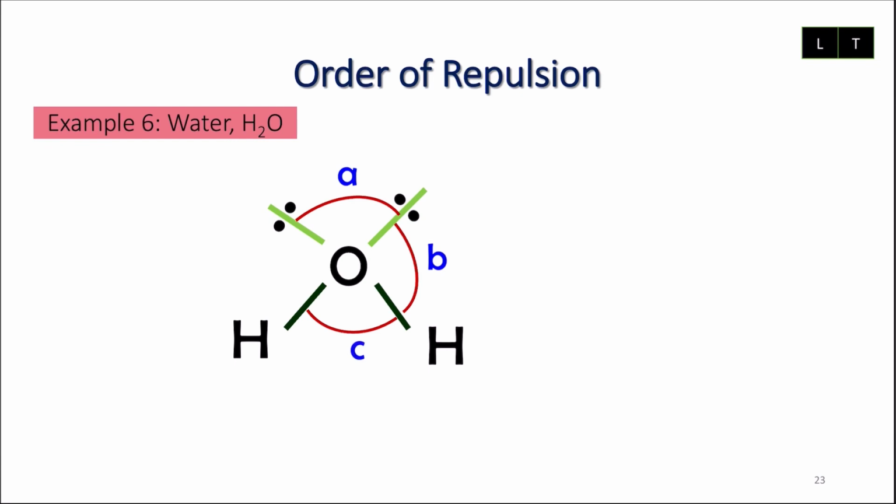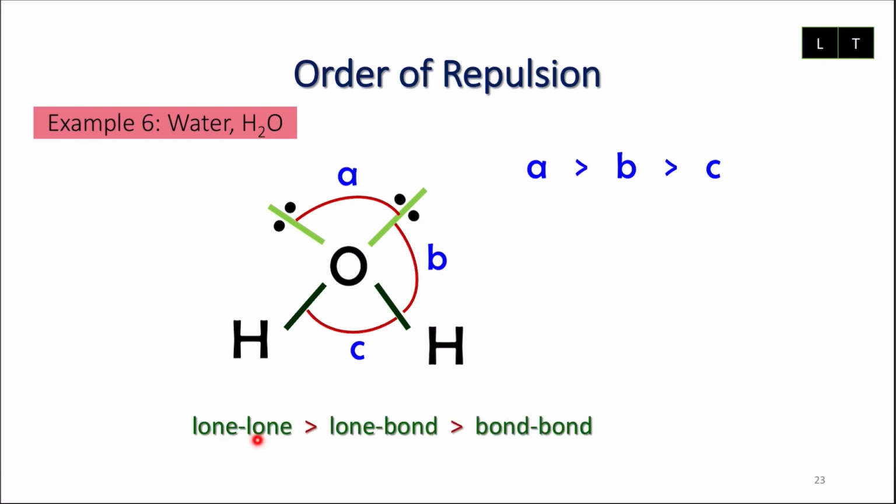So between A, B, and C, we have the order of strength for those repulsive forces, where A is the strongest repulsive force, while C is the weakest. So A is lone pair with lone pair, B is lone pair with bonding pair, and C is bonding pair with bonding pair.